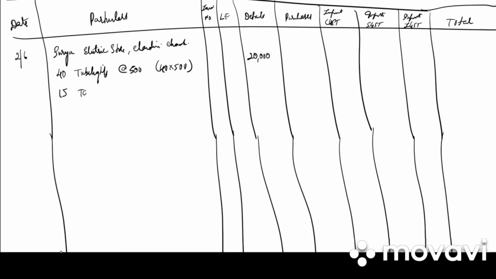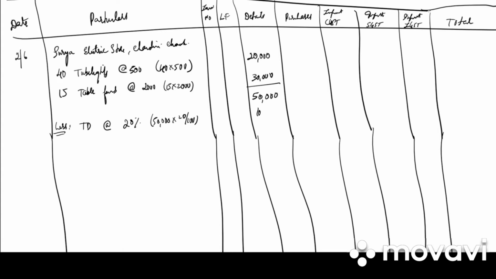Then we have 15 table fans at 2,000. So 15 into 2,000, 30,000. What is the total? 50,000. Then we have less trade discount at 20%. So 50,000 into 20 by 100, that is 10,000. How much do we get? 40,000.